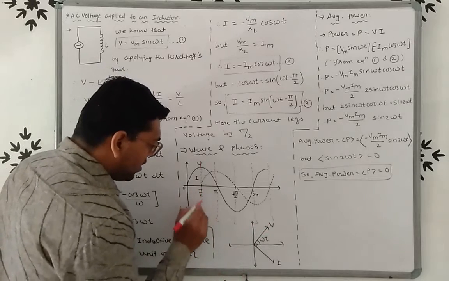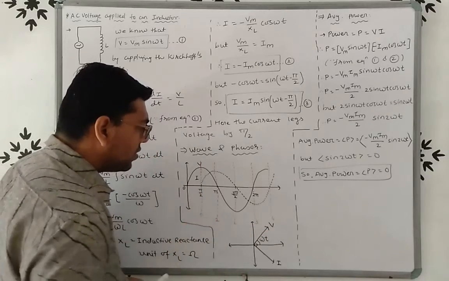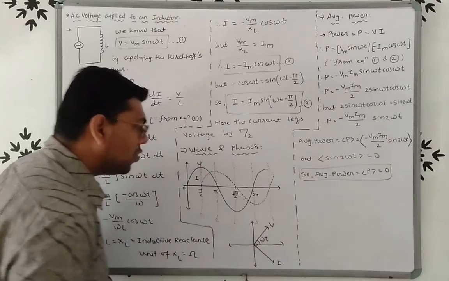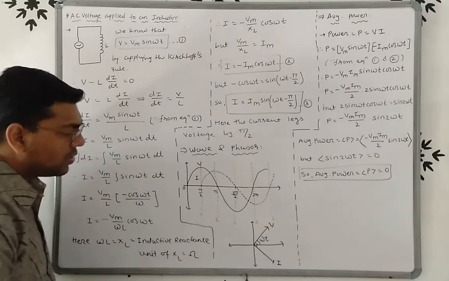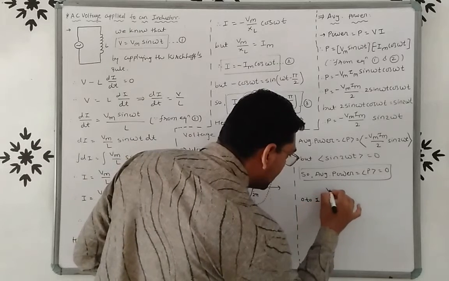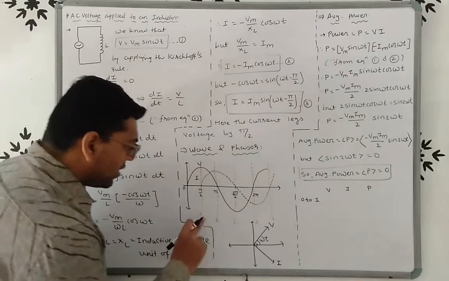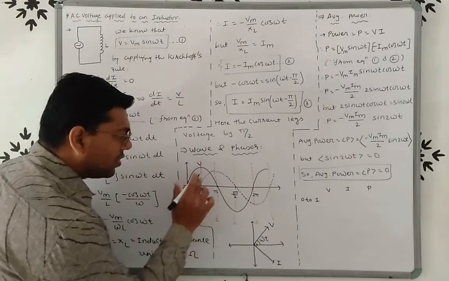Here from 0 to 1, see the voltage and current both are positive, right? So from 0 to 1, this voltage and this current and the power P. You can see that this voltage and current both are positive.